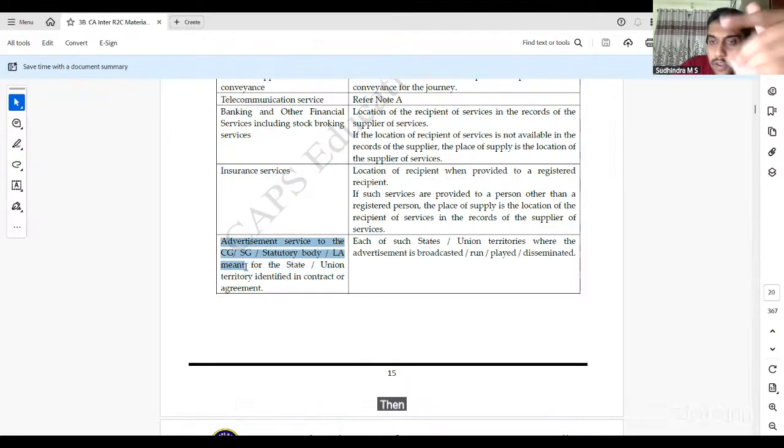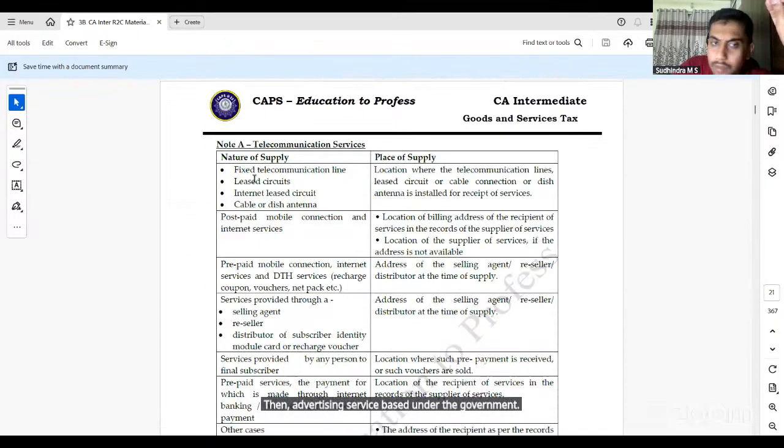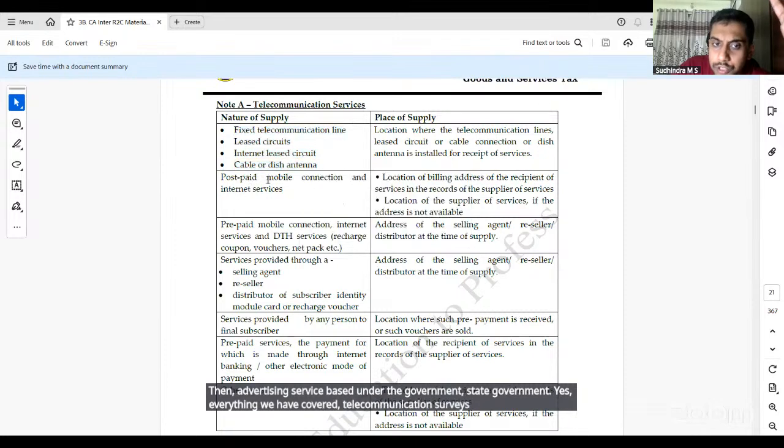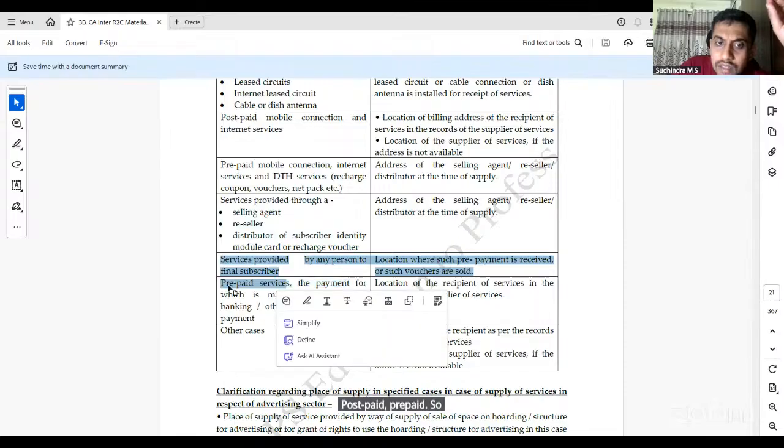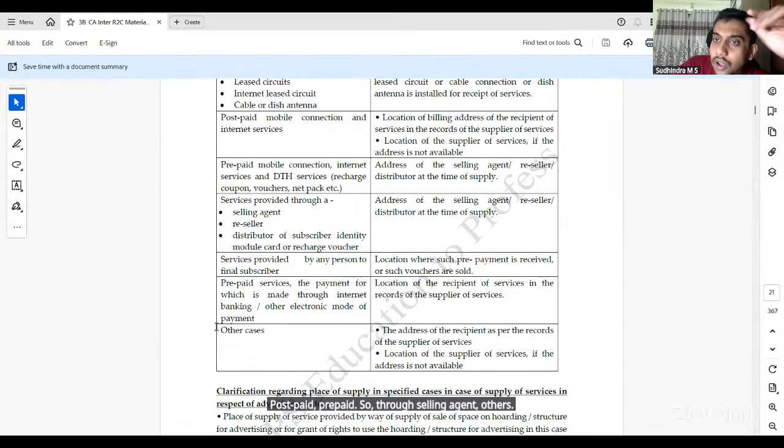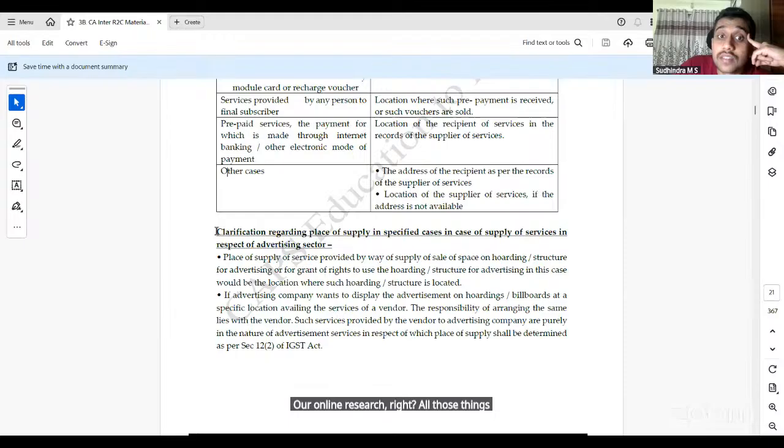Then advertising service by central government, state government. Everything we have covered. Telecommunication service: fixed lines, postpaid, prepaid, through selling agent, others, or online recharge. All those things covered.